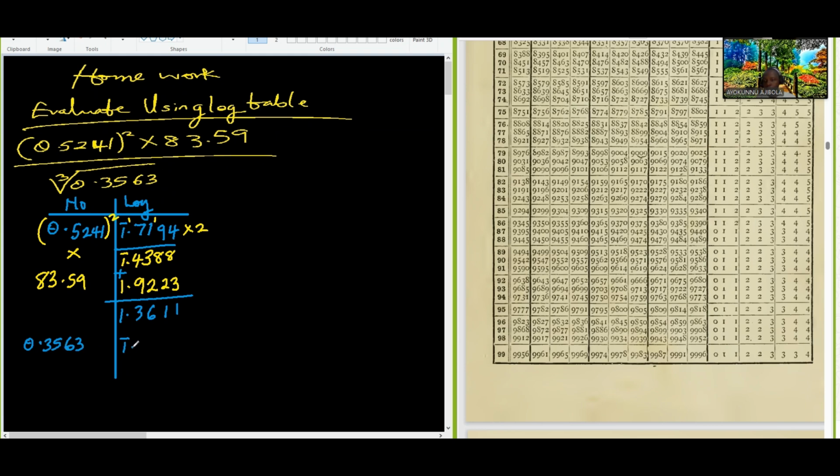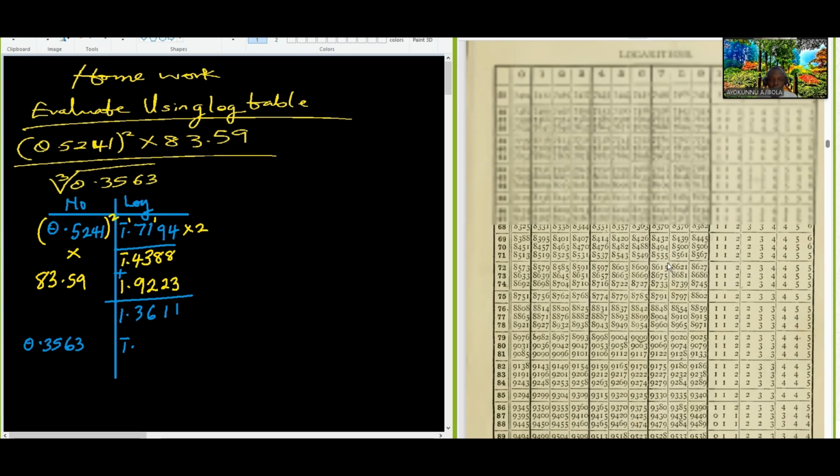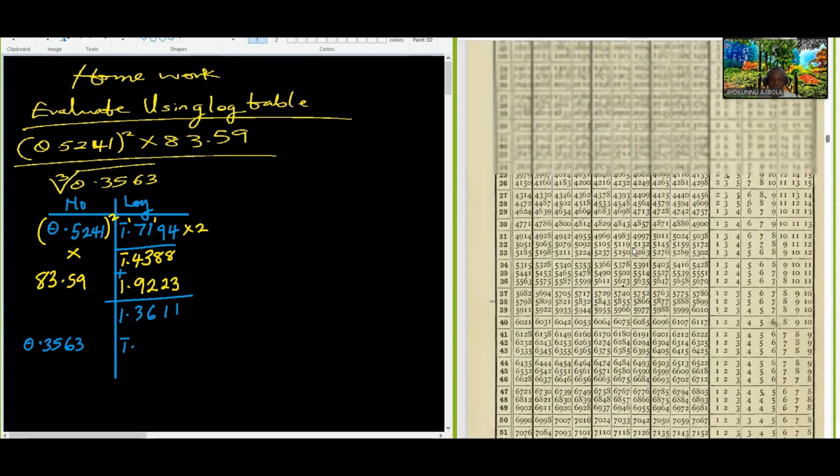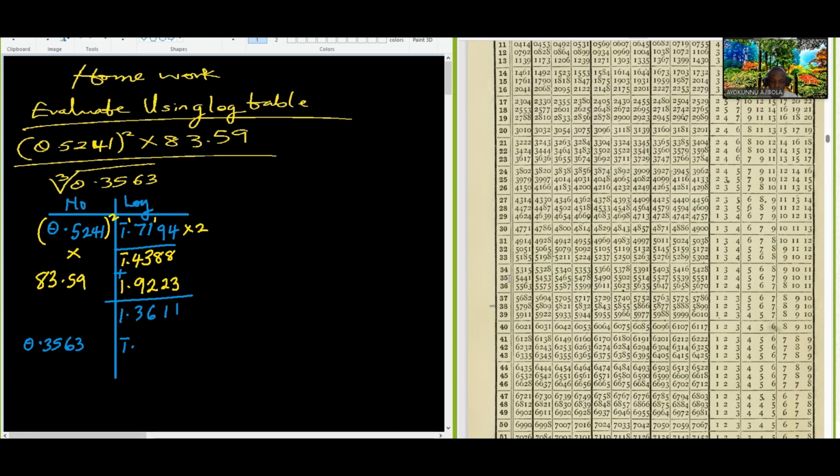So minus 1 is the integer here. Logarithm 35 under 6, difference 3. 35 is above, under 6. So this 35 under 6 is 5514. Then difference 3 is 4.